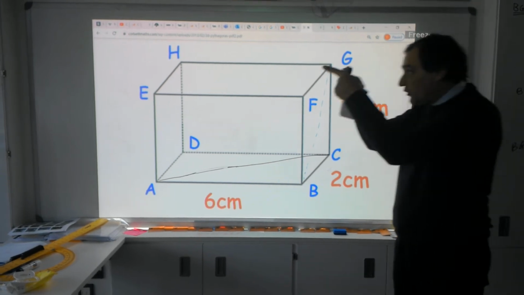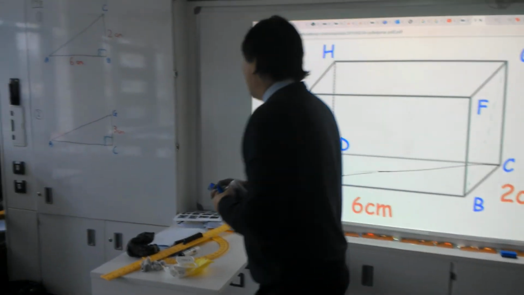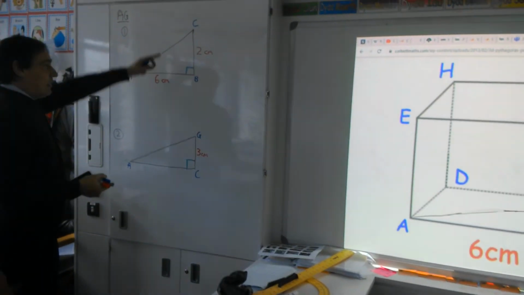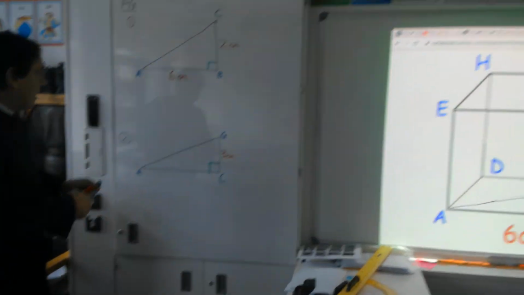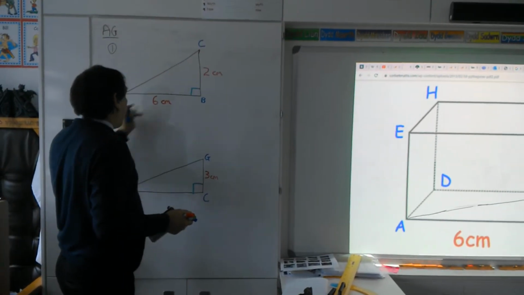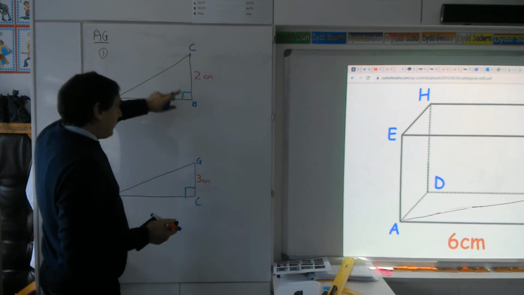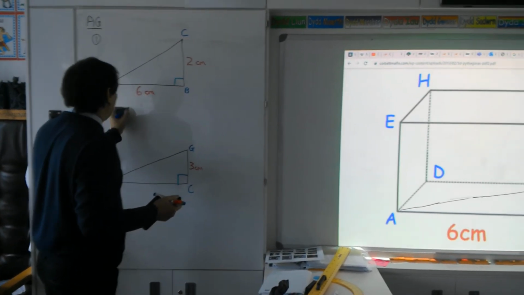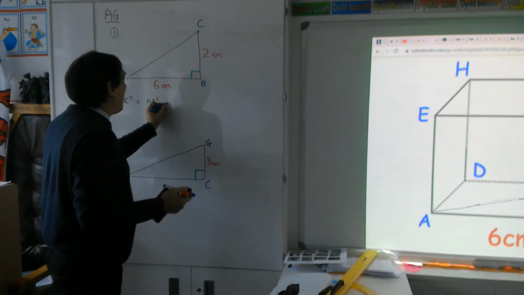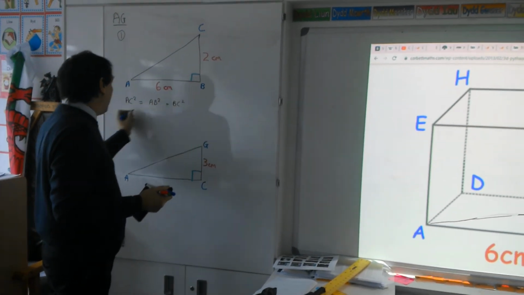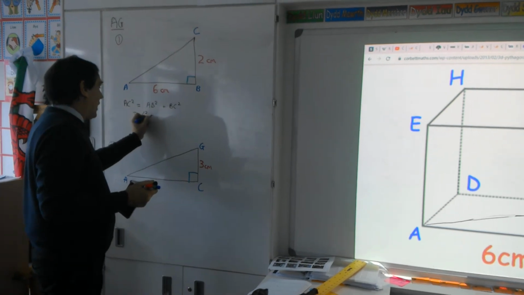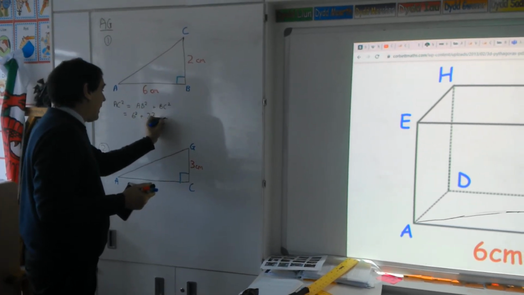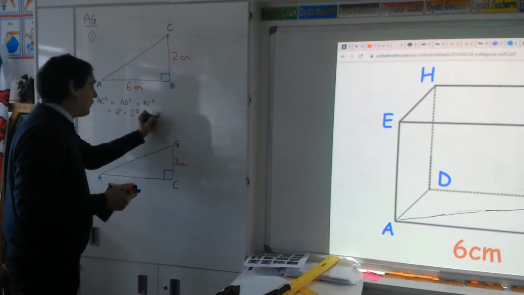So let's go back to our 2D over there, and let's work out this AC line first of all. Using our Pythagoras, we're going to have AC, again it's the longest side, the hypotenuse, that we add. So AC squared is going to be AB squared plus BC squared, and that gives us 6 squared plus 2 squared, and that's 36 plus 4 gives us 40.